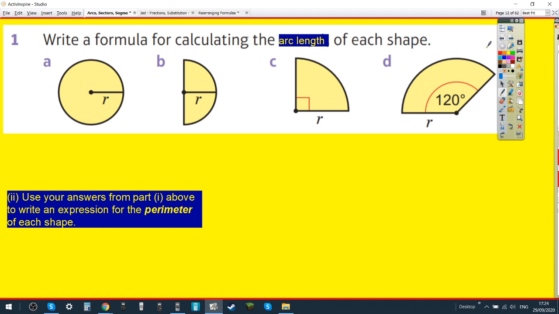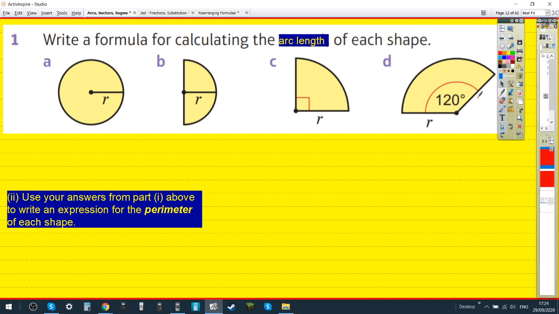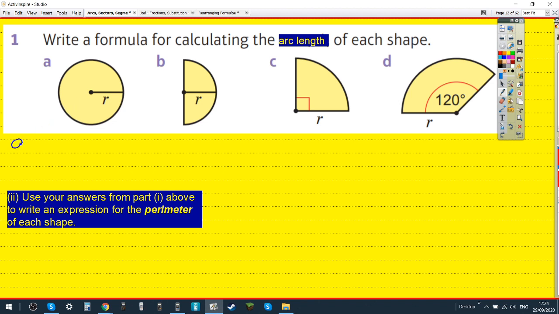Write a formula for calculating the arc length of each shape. So what is the formula for the curved line in a circle? That is the arc.